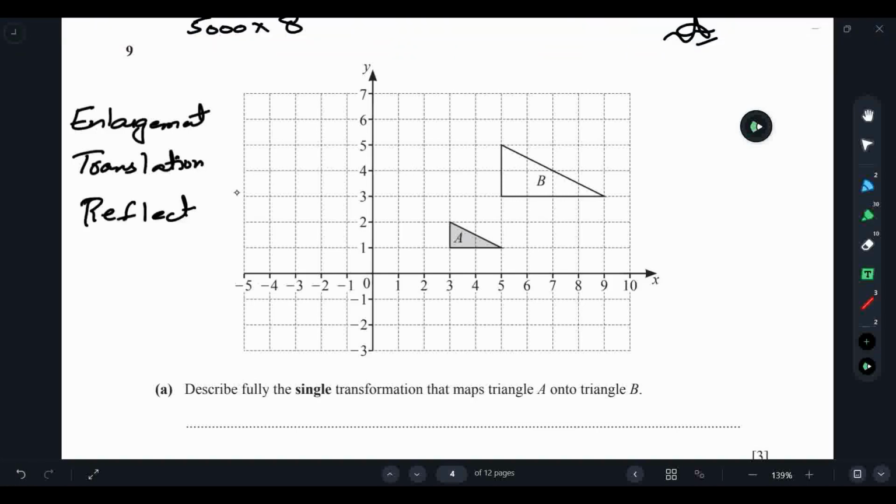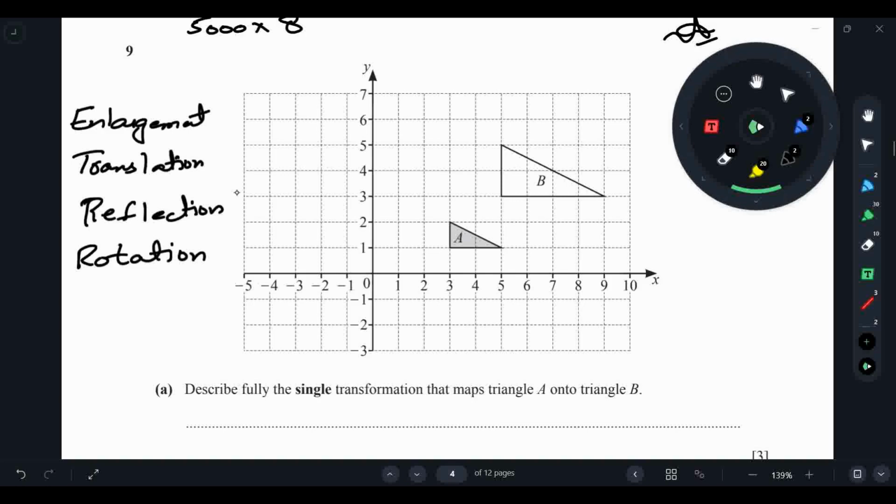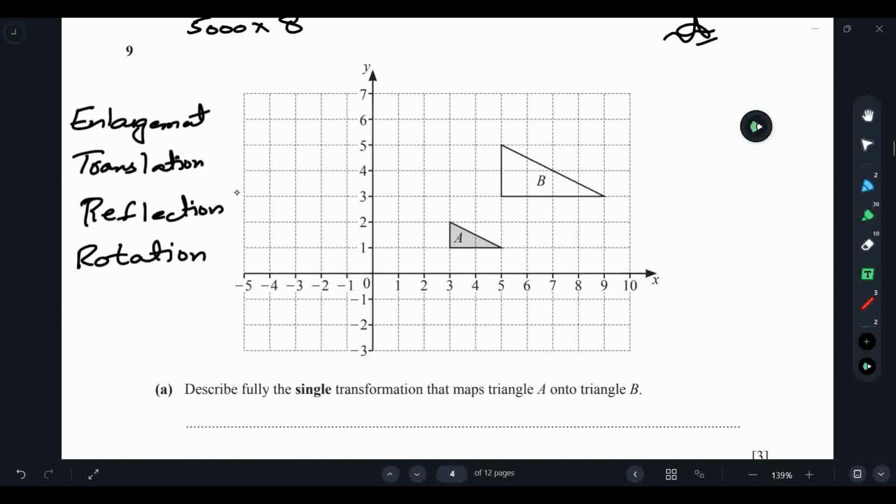Then the last one is rotation. We need to check in this way. So first of all, we can directly see that this one is enlargement. Now we need to write it over here that this one is enlargement.